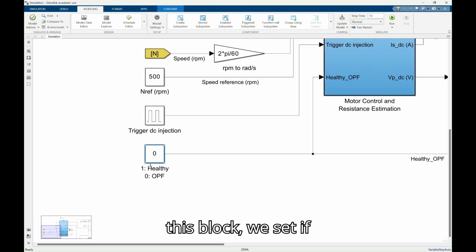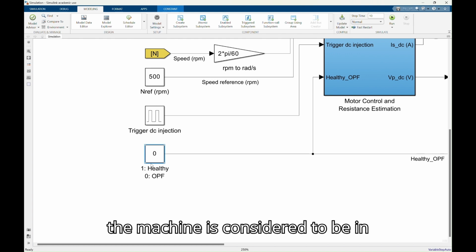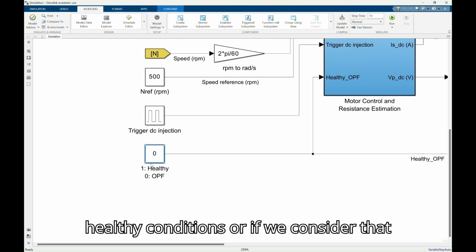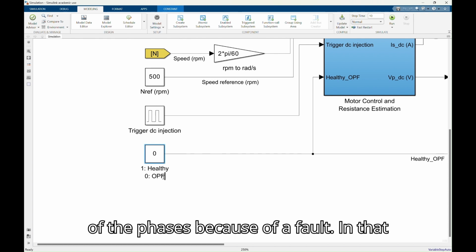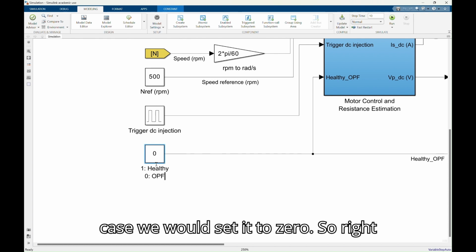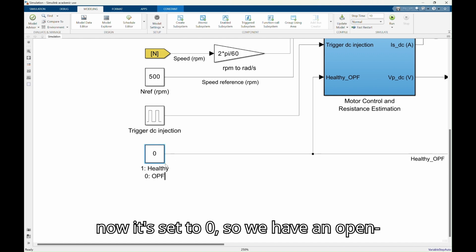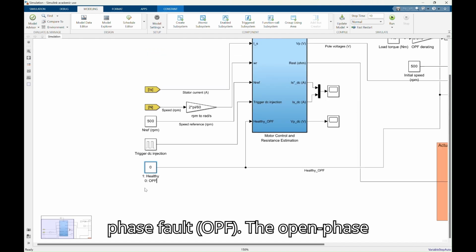In this block, we set if the machine is considered to be in healthy conditions, or if we consider that there is an open circuit in one of the phases because of a fault. In that case, we would set it to 0. Right now it's set to 0, so we have an open phase fault.